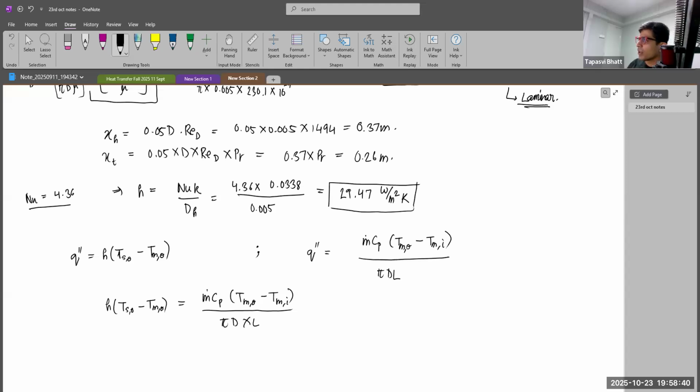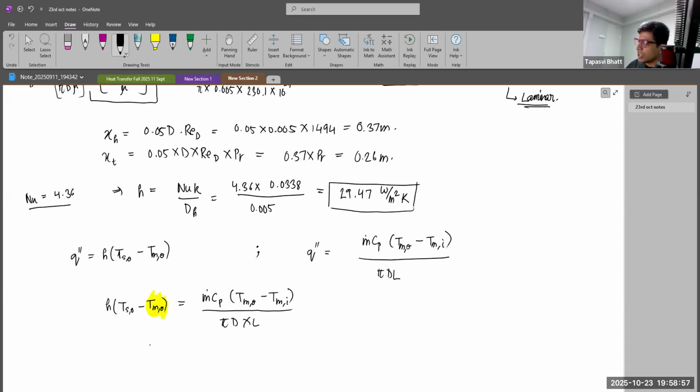So what do we want to calculate? This is what we want to calculate, right? This thing, T mean at the outlet. So for this, you will just isolate this term. You send h below and subtract Ts,o.